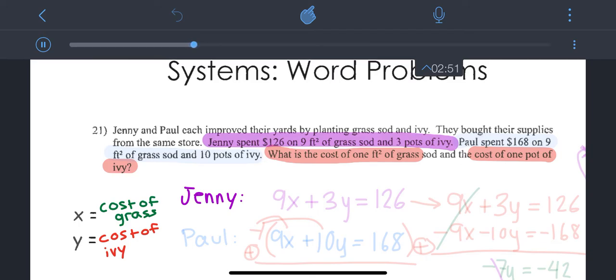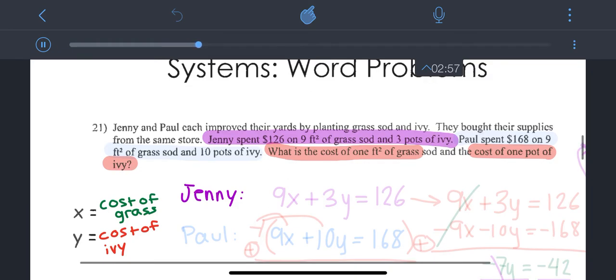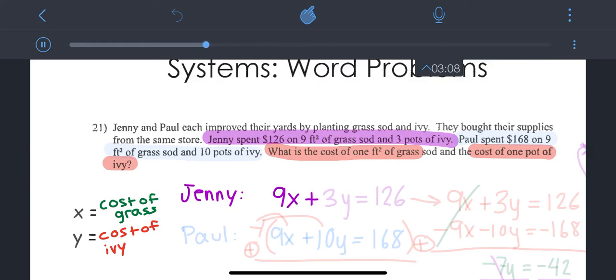Well, I said that grass was represented by X, and I said that ivy was represented by Y. So she did 9 feet squared of grass and 3 pots of ivy, and she spent a total of $126.